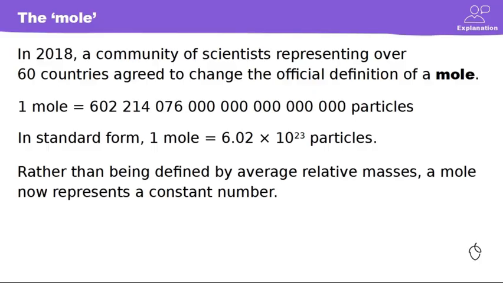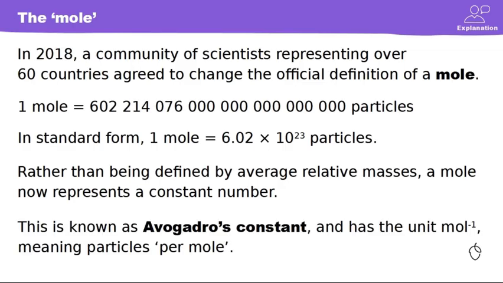So rather than being defined by average relative masses, a mole now represents a constant number, and it is known as Avogadro's constant. We refer to a mole as Avogadro's constant, and it has the unit moles to the -1, which means per mole.